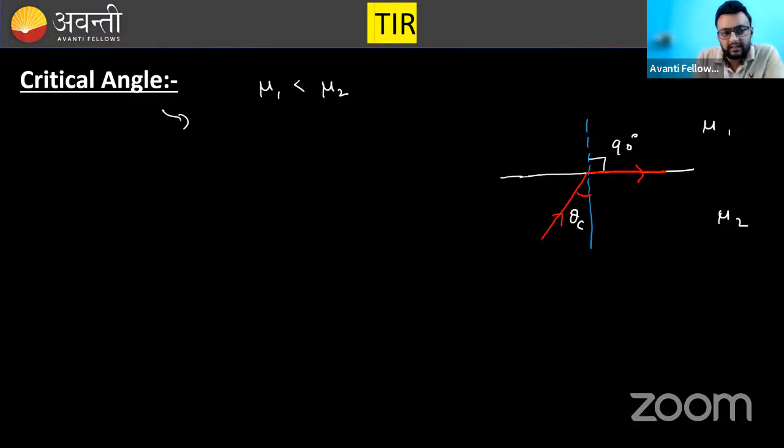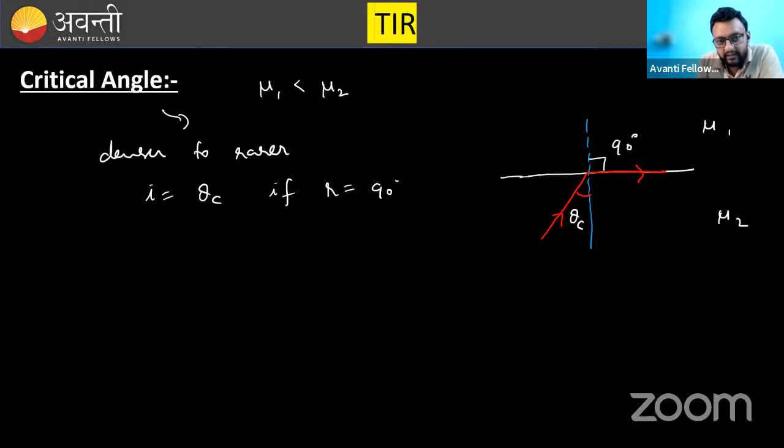So one thing is clear, the ray must be traveling from denser to rarer medium. Another thing, the angle of incidence becomes the critical angle if the angle of refraction becomes 90 degrees. Clear?